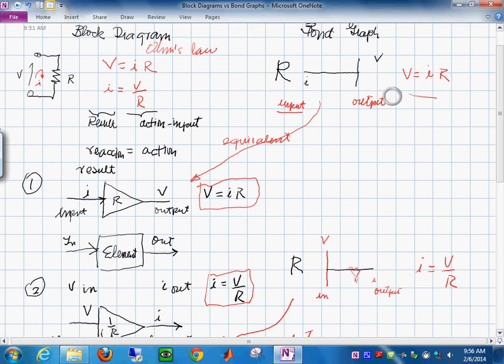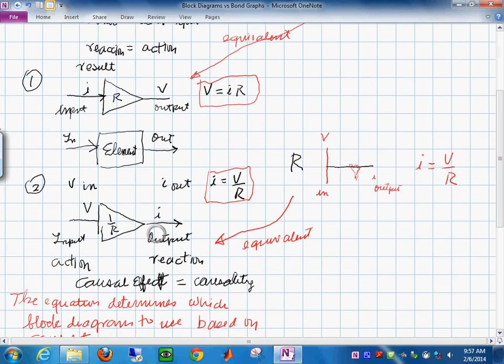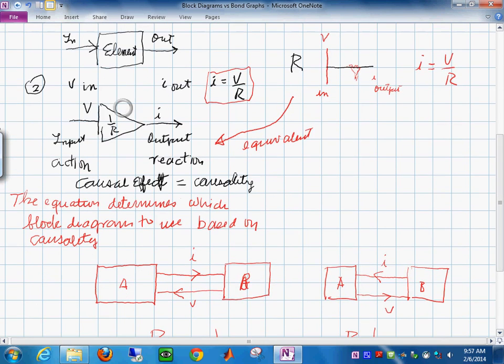Both of them are based on the physical law of the system. But one we represented with block diagrams within Simulink here, and one we represented with bond graphs like this. This is the Simulink notation, but this notation, CAMG understands.